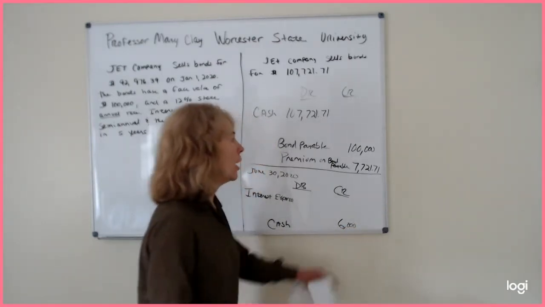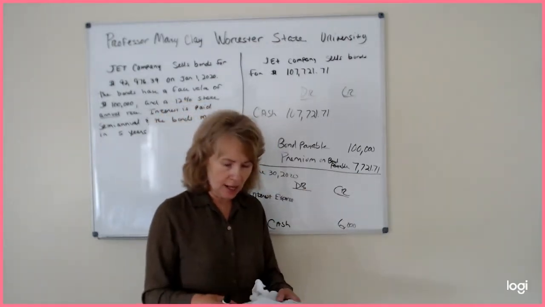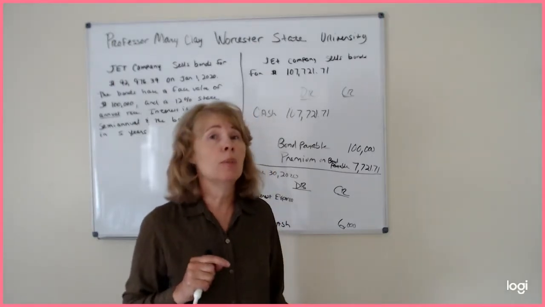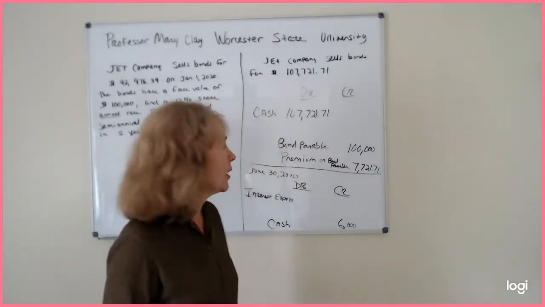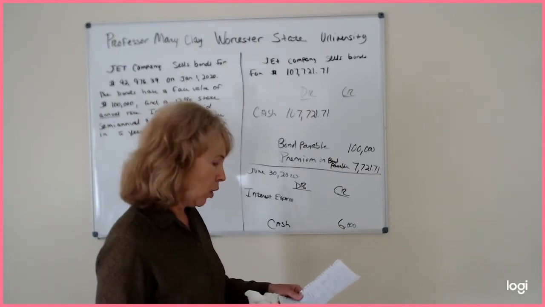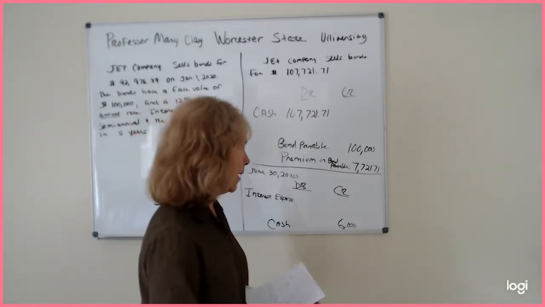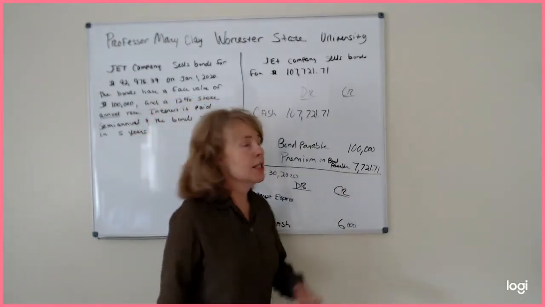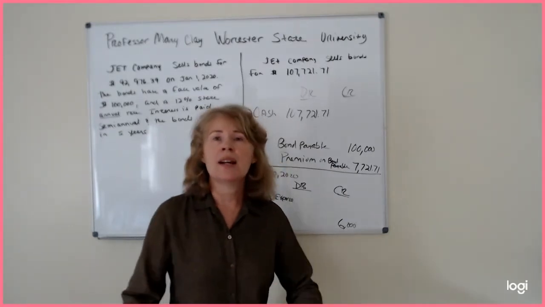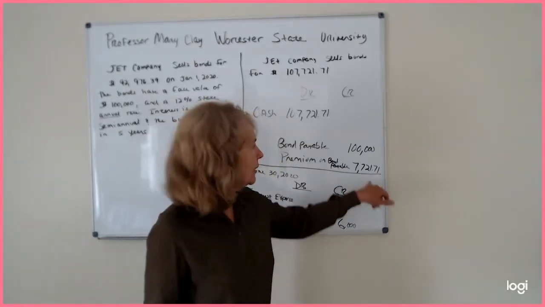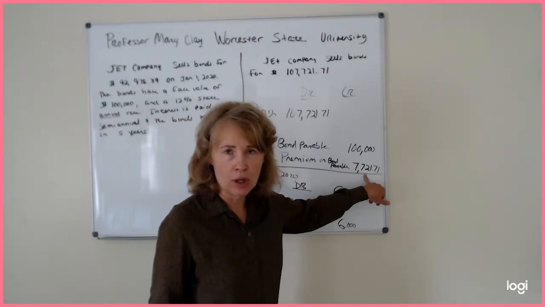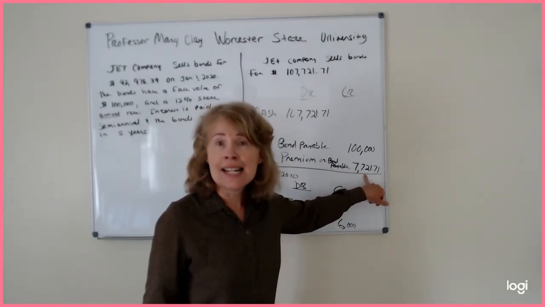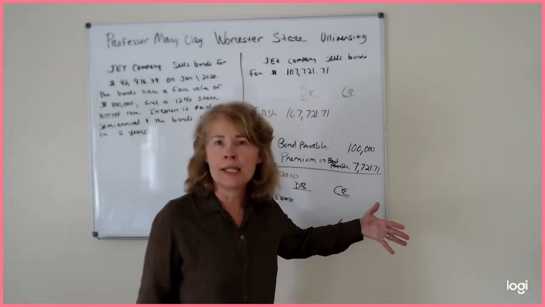We went over how to figure out the amortization. That is $772.17. Now this is a premium on bond. We are taking this off the books. We're decreasing this account. What do we have to do? To decrease it, the opposite of what we did to increase it.